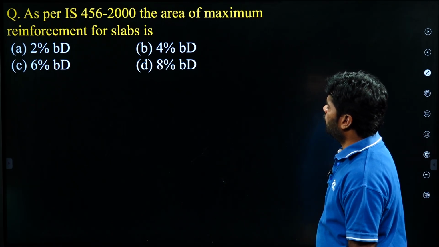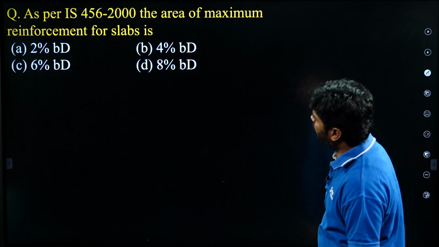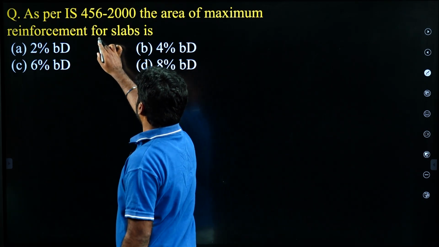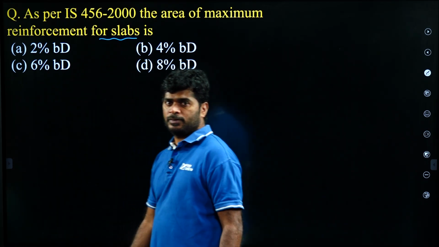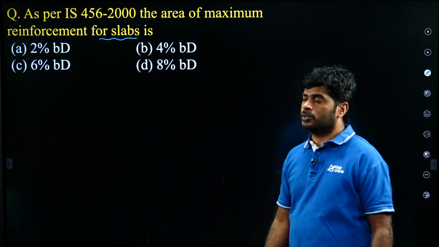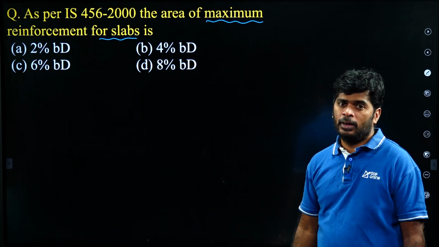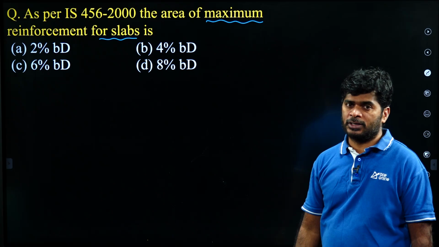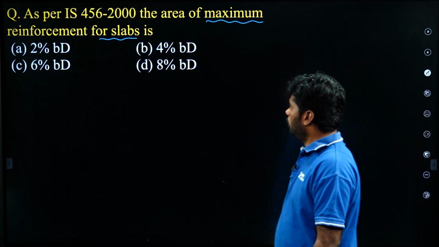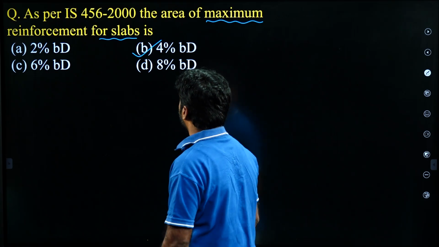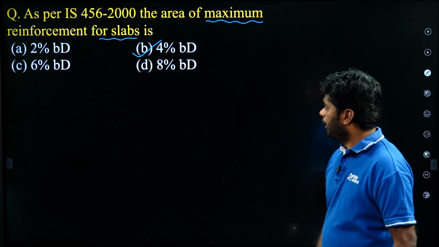As per IS 456-2000, the area of maximum reinforcement for slabs, not for beams, it is for slabs. Even for slabs, maximum reinforcement should not be more than 4% of gross cross sectional area of the slab. So 4% of bD, option B is correct. Next question.